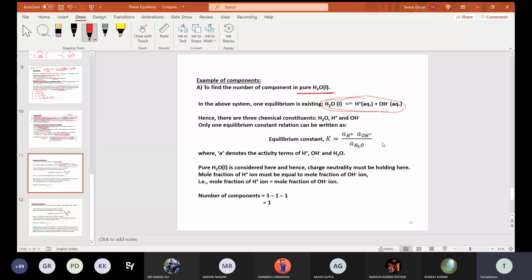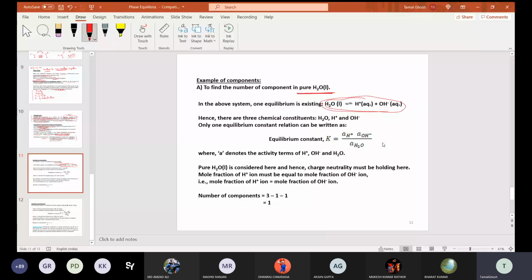That concept comes from this equilibrium only. pH 7 was called neutral, lower than 7 was acidic, and higher than 7 was basic. Many things are written in the books, and that basically comes from this equilibrium only.